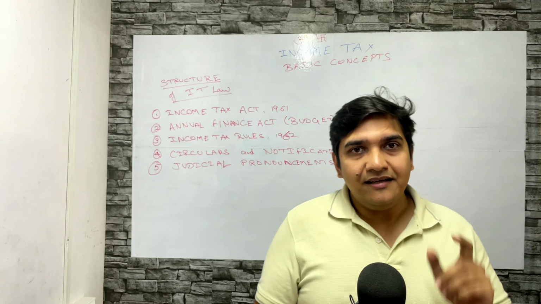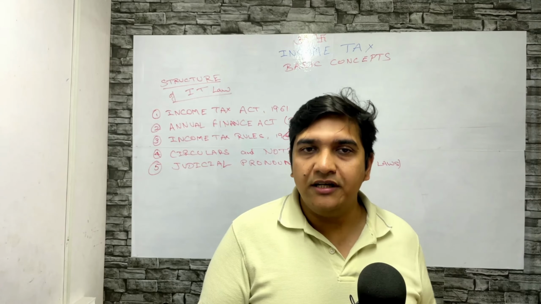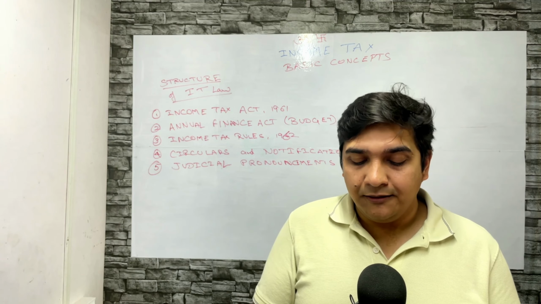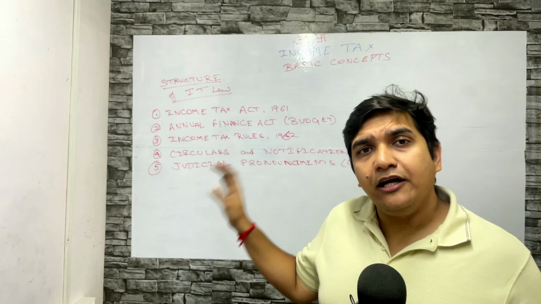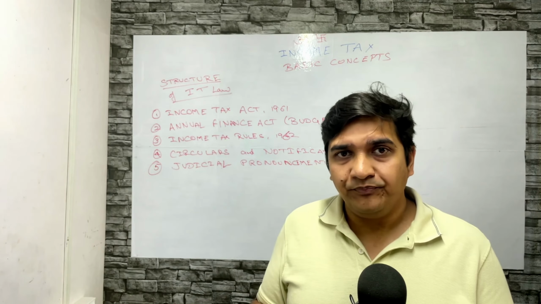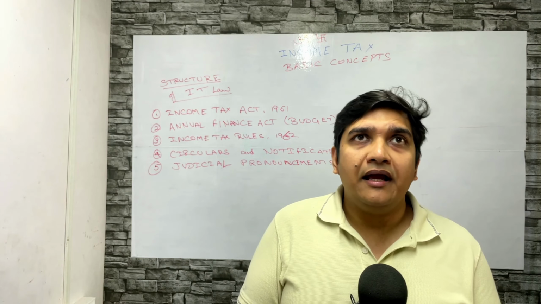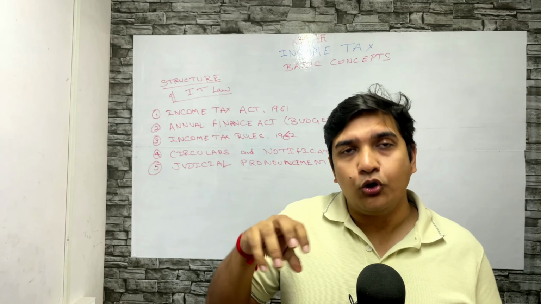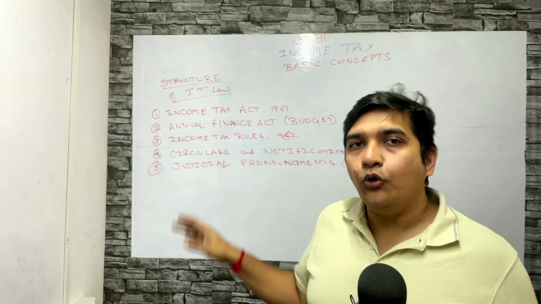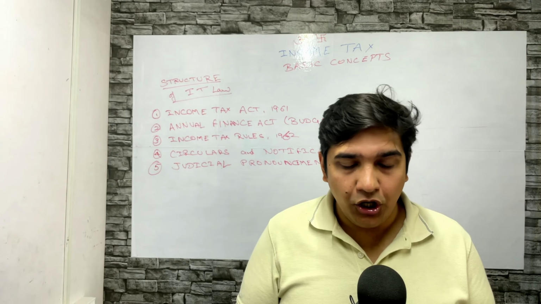The final thing is judicial pronouncements or judicial decisions, more commonly called case laws. These are issues of interpretation already decided by the court. An easy way to understand it: the court interprets the law and sets a standard on how to follow a particular provision in the law.